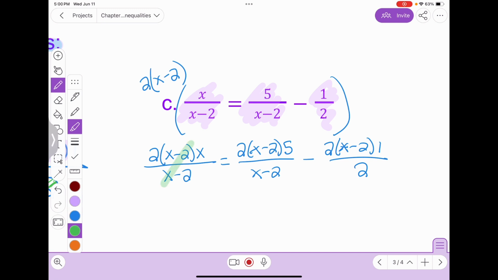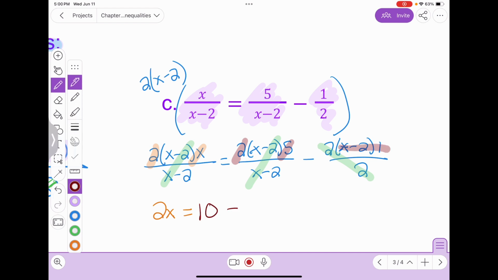So the x minus 2's are gone. The 2's are gone. Now we're going to write what's left. So on this one, I have 2x equals. Then I have 2 times 5, which is 10. And then I have x minus 2. So I write x minus 2 in parentheses.